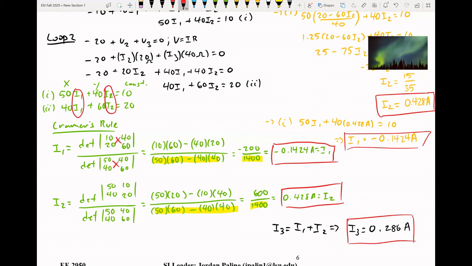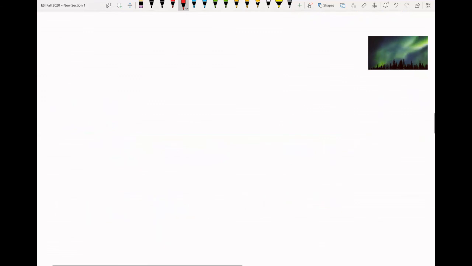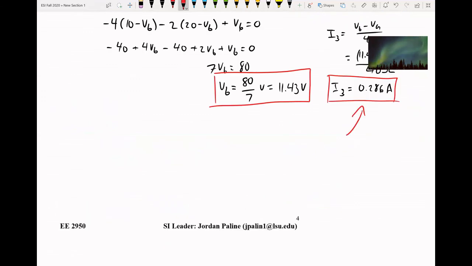And actually, if we go and look back at our previous problem, would you look at that? It's the same answer. So it's just two different analysis techniques to find the same value. It's up to you to figure out which one you like and which one's easier to work with. All right, I'll see you in the next problem.